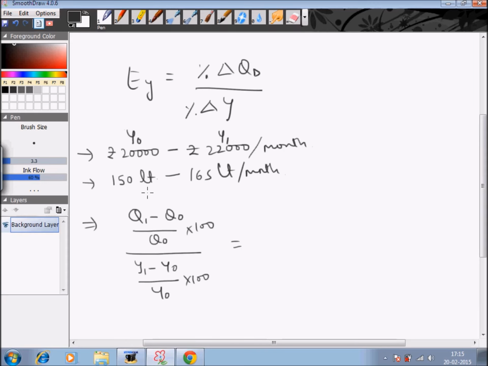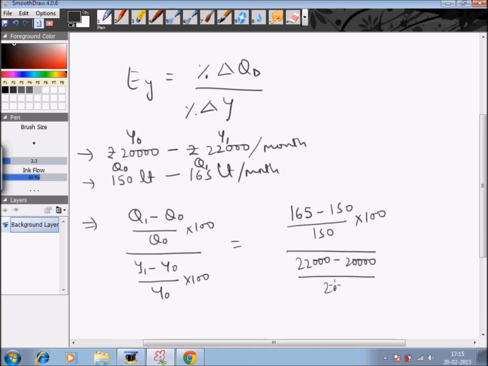Whereas the initial quantity demanded of petrol, Q0, was 150 liters, and after the change it's 165 liters, so Q1 is 165 liters. So 165 minus 150 upon 150 into 100, divided by 22,000 minus 20,000 upon 20,000 into 100. Solving this out, we get the elasticity of demand as equal to 1.